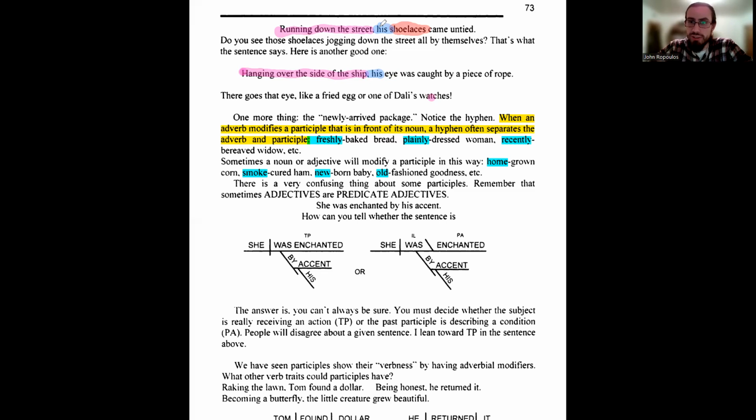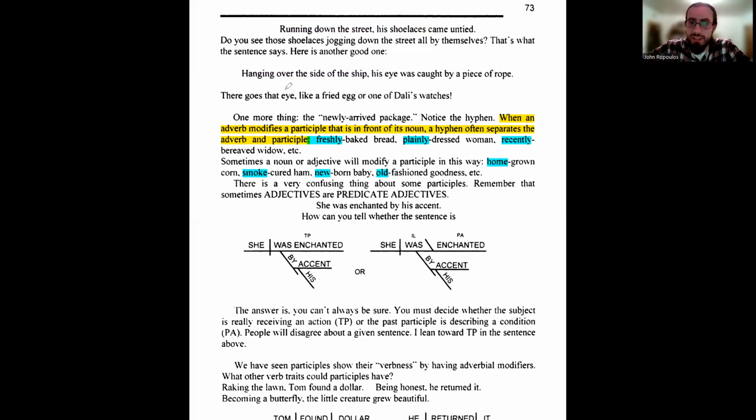Whose shoelaces? His. Whose eye? His. And so the participial phrase can't modify it, okay? In terms of the meaning, sure, you may understand that you're referring to the person, but grammatically here, it's an error. It's a dangling participle. So you have to avoid that. Just be conscious of that.